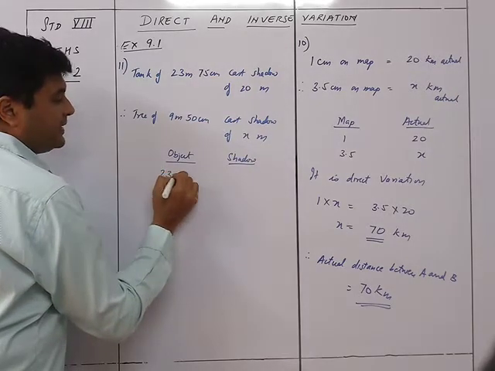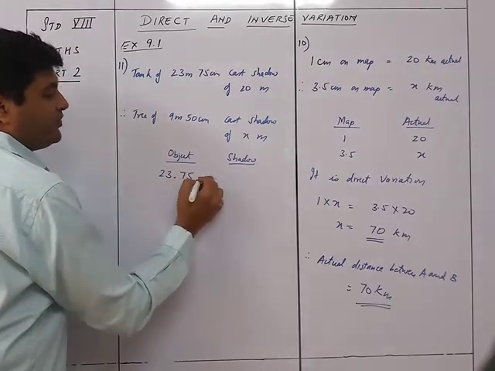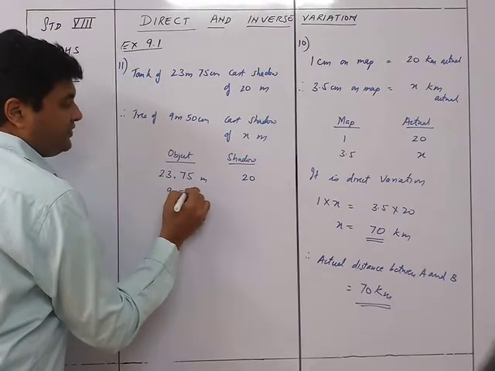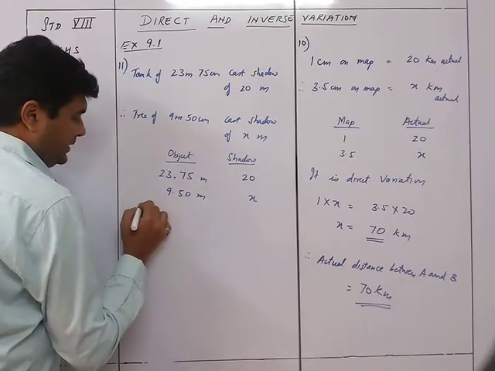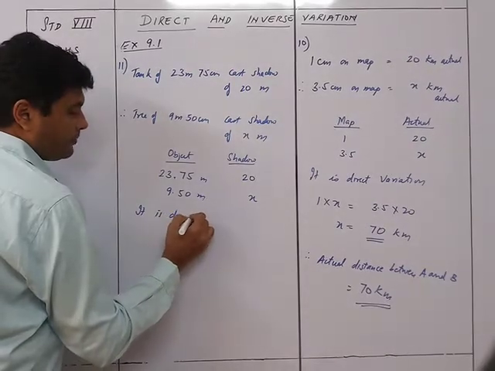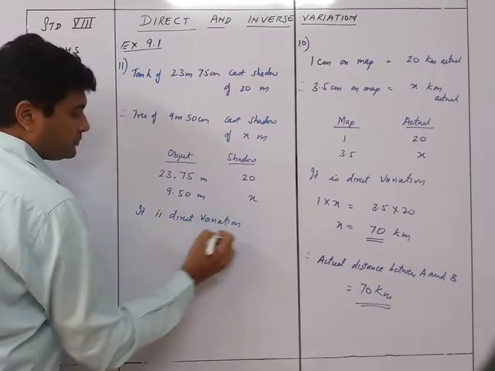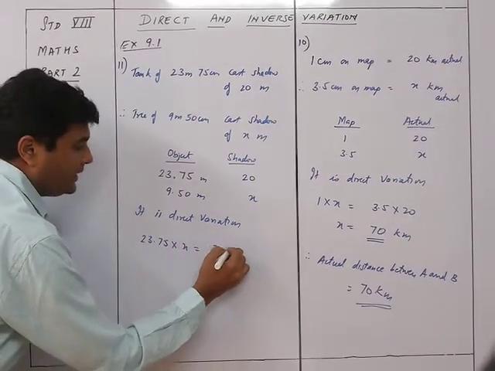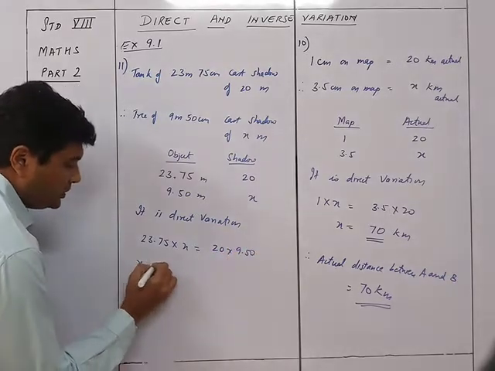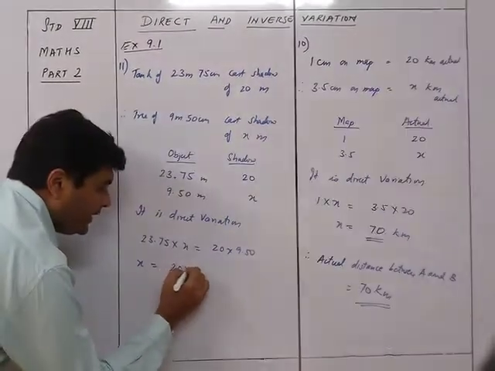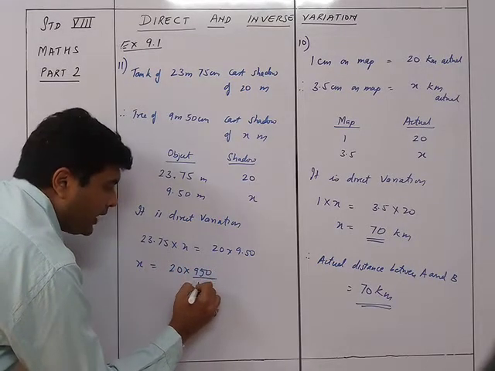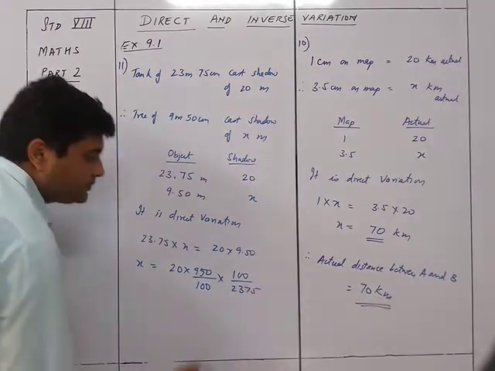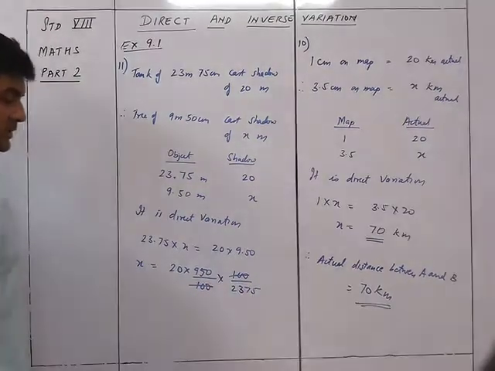Object is 23 meters 75 centimeters, which is nothing but 23.75 meters. This is 20, this is 9.50 meters, and this is x. It is direct variation. So it will be 23.75 into x is equal to 20 into 9.50. To eliminate the decimals, it will be 20 into 950 upon 100, into 100 upon 2375. The 100 gets cancelled.